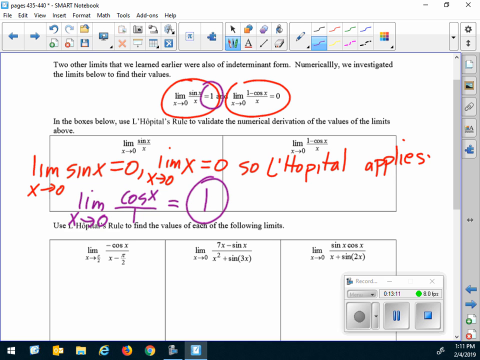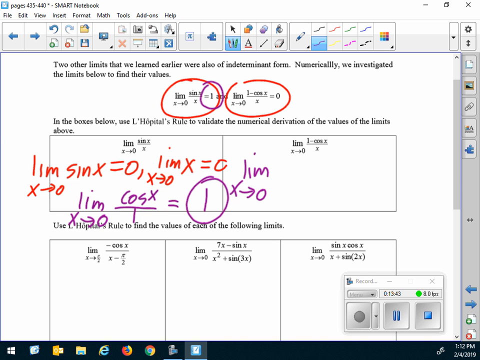Now, let's do the other one. I'm not going to write down this red line. But if you do direct substitution, 1 minus the cosine of 0, what is the cosine of 0? So 1 minus 1 is 0, divided by 0, you have indeterminate form. Therefore, L'Hopital's rule applies. The limit as x approaches 0, what is the derivative of that numerator?